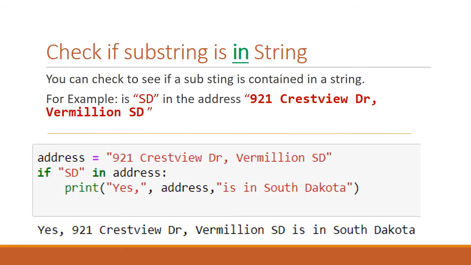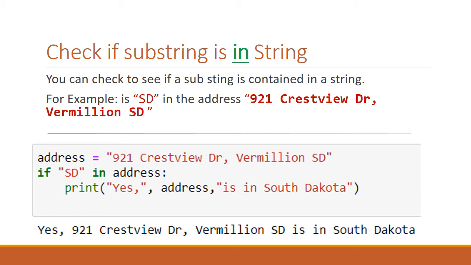The in operator can be used to determine if a substring is contained within a string. For example, is SD in the address 921 Crestview Drive, Vermillion, South Dakota string? So we can look at that code segment and we assign the variable address to the value 921 Crestview Drive, Vermillion, South Dakota.